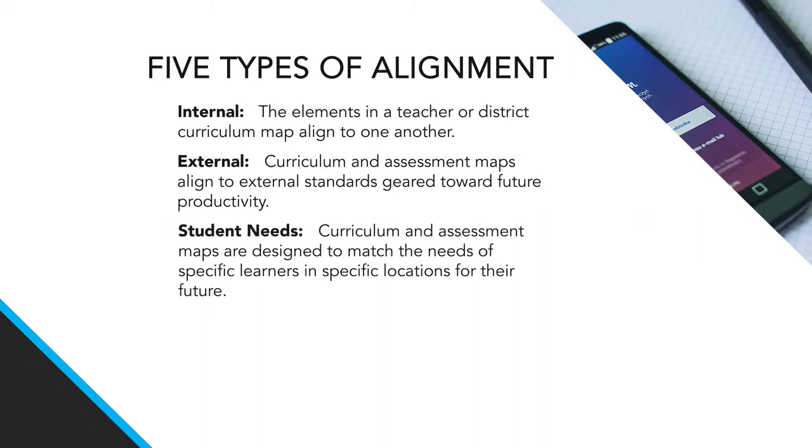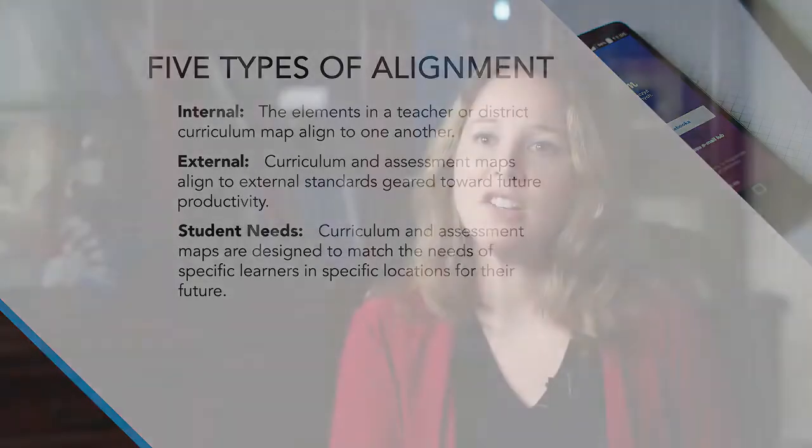Another kind of alignment is the alignment to the needs of the student. So what do I know about my students in this particular building? What would I change or adjust about my curriculum to meet their needs? If I'm working in an environment where the student population has a high number of parents on active military assignment, that might impact the choices I make about my curriculum.